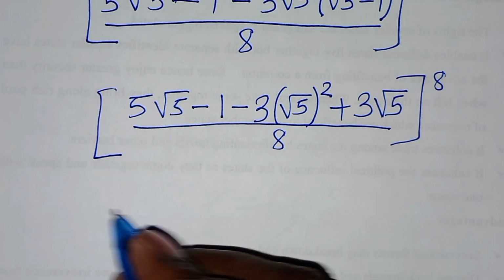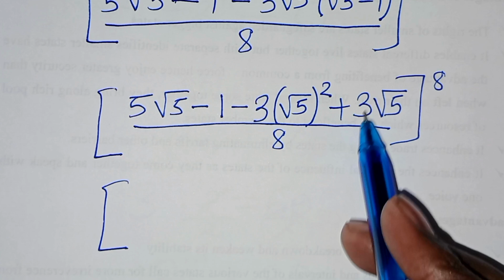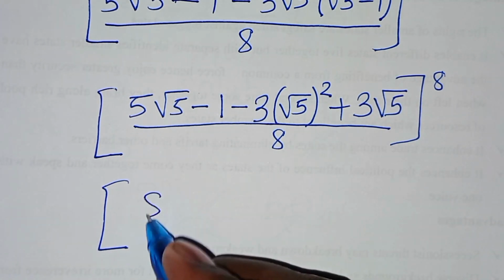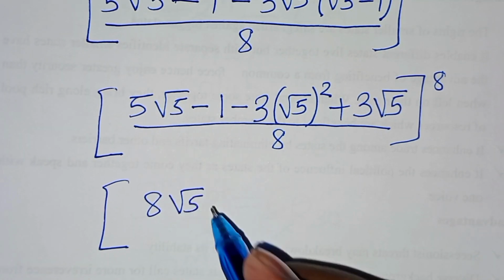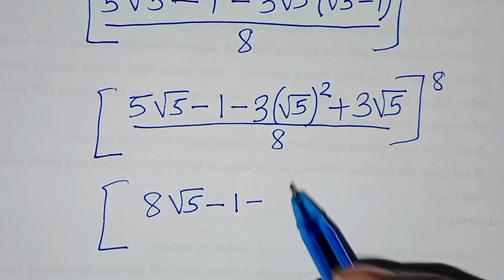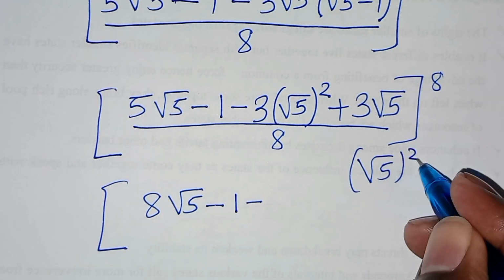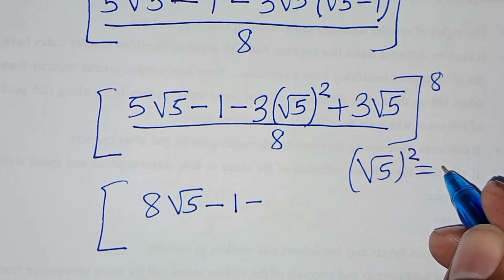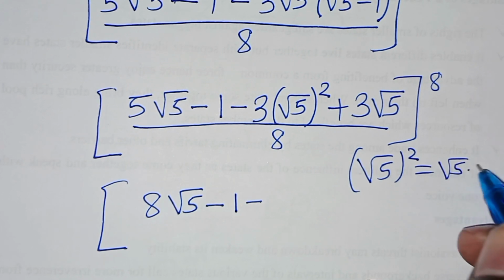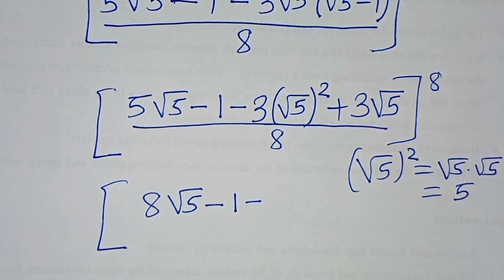So the next step here, we have 5√5 plus 3√5. This is 8√5. Then subtract 1. Subtract, now (√5)^2 is the same thing as √5 times √5, which is the same thing as 5.